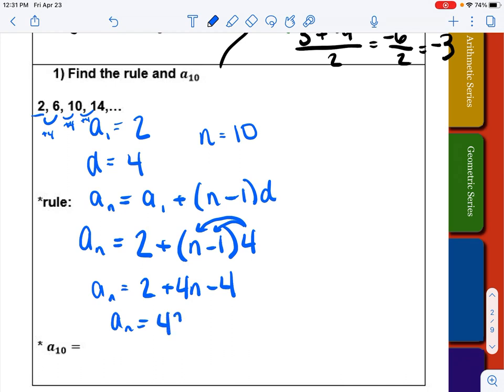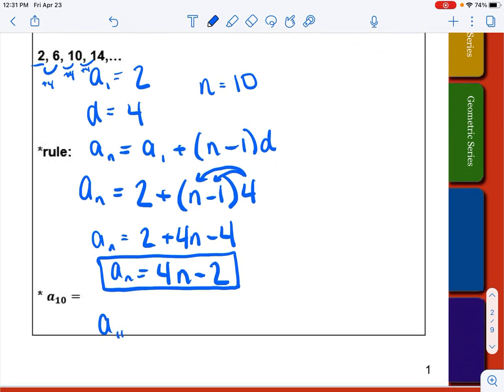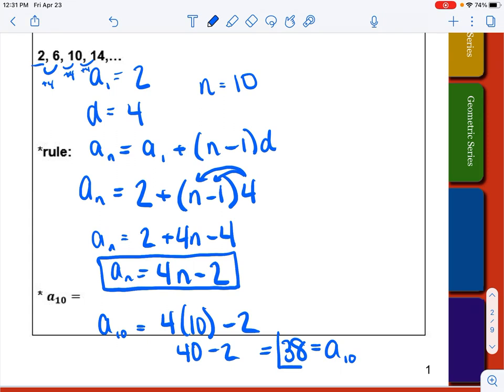I combine like terms. And I have my rule. This is what's going on in that sequence. So now I can find the 10th term by plugging in 10 for n. I end up getting my solution to be 38 for my 10th term.